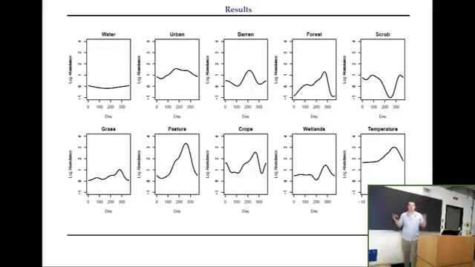If I was at a place that was 100% water, which wouldn't really be possible because the CO2 trap would have sunk, I'd expect to see about 2 mosquitoes every trap night. And there isn't much of a relationship between seasonality and water land type. However, if I go to someplace like the wetlands, I see quite a significant dip in mosquito abundance, and then later on I see a jump in mosquito abundance.